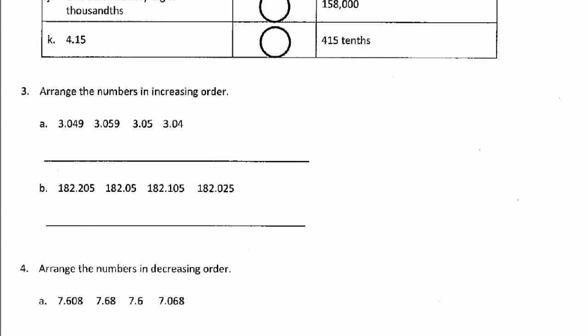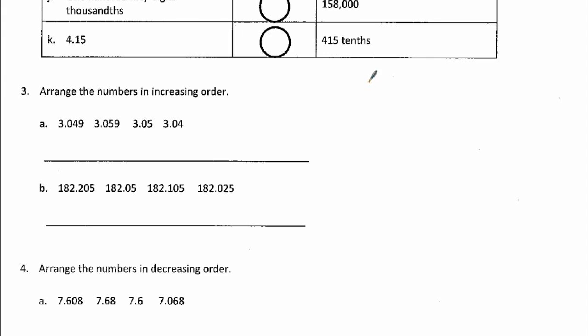What's that mean? Increasing. Make it go from bigger to the... What do you think? Bigger to smaller? Increasing. So think opposite now. Small to big. Could you use a place value chart on this as well?